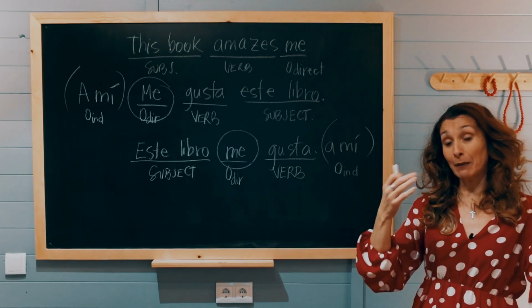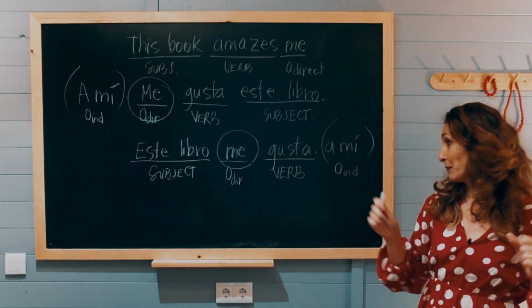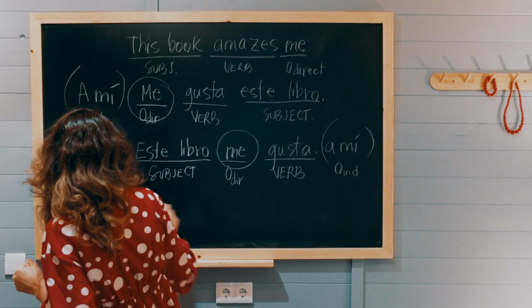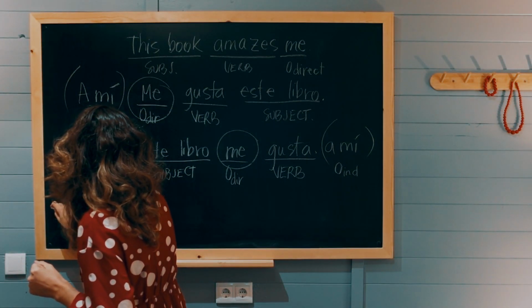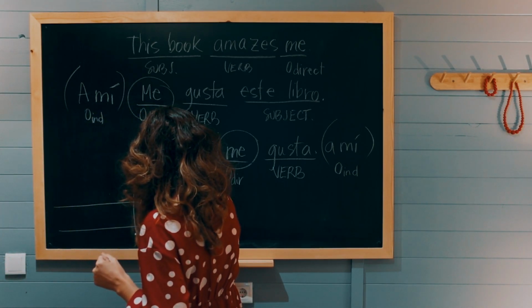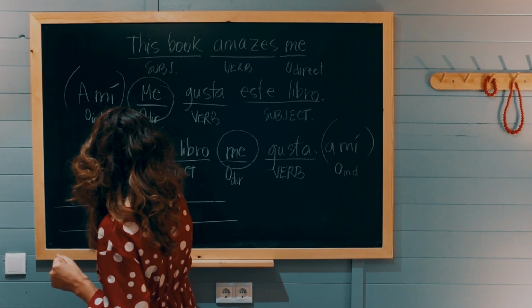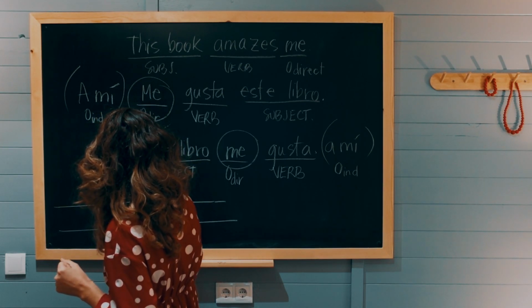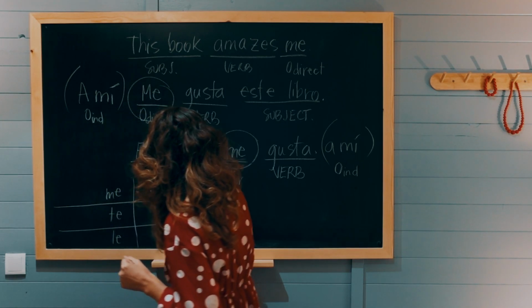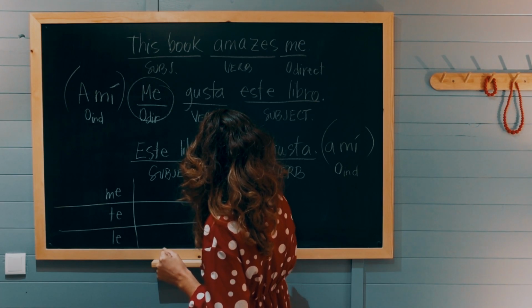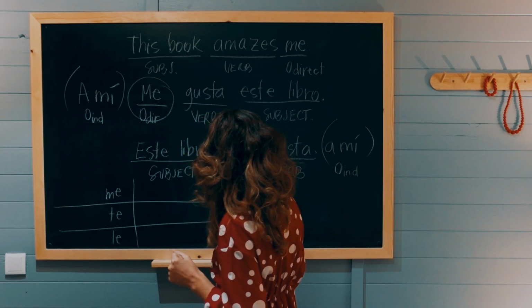Good. So just to see how me became a mí, I will also show you what happens with other pronouns, with te and le and the others, okay? So, if this is the grid, let's make a bigger one. We had me, te, le, and we had nos, os and les.